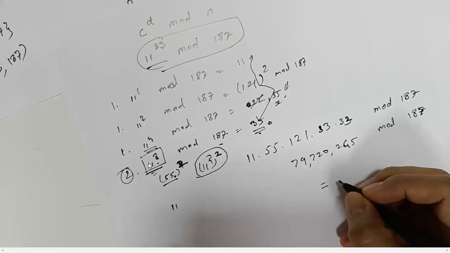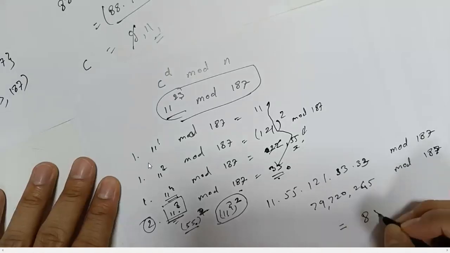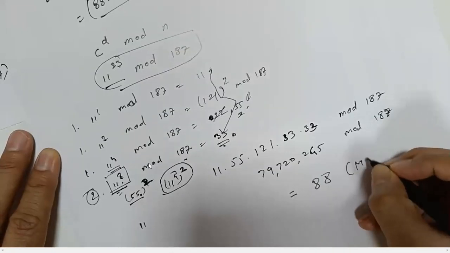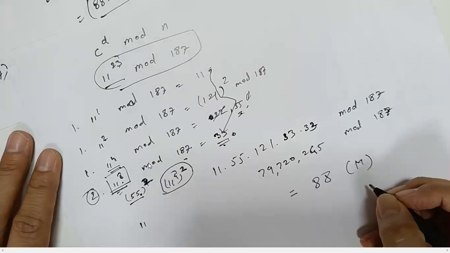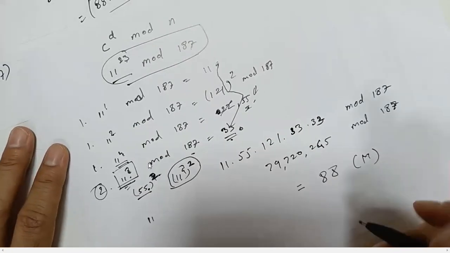The answer is 88. Answer is 88, which is the original message. Okay. So this is how RSA works.